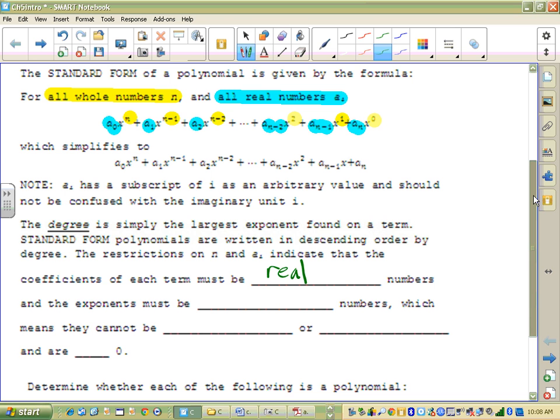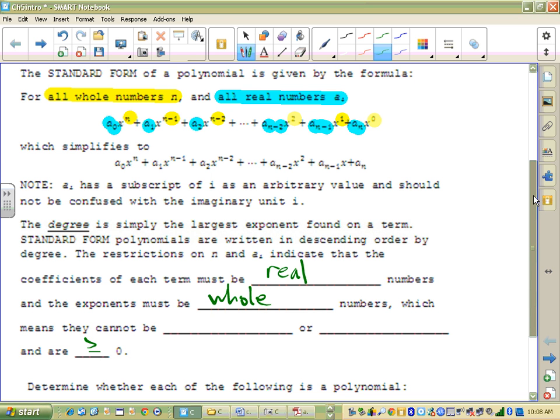And the exponents must be whole numbers. If you think about what whole numbers are, 0, 1, 2, 3, 4. So they could equal 0, so they're greater than or equal to 0. That's what you should have on that little line there.